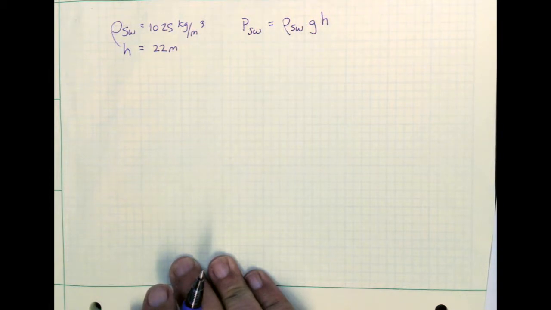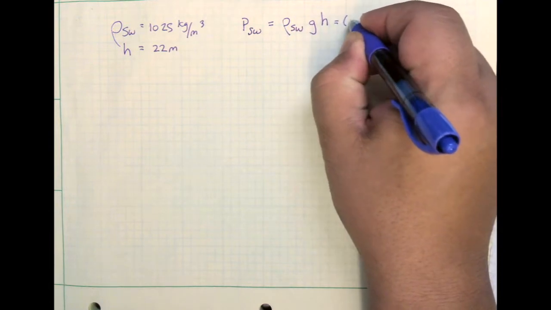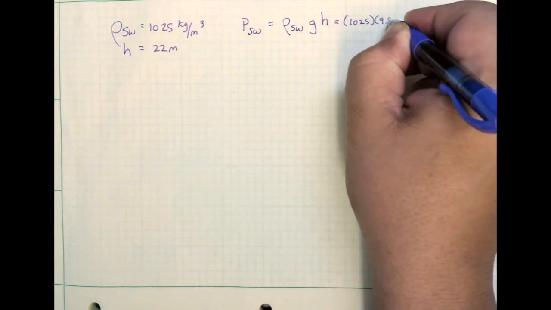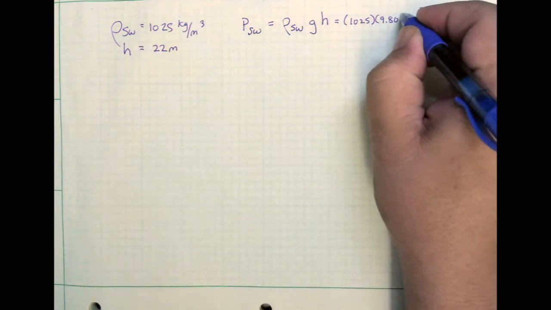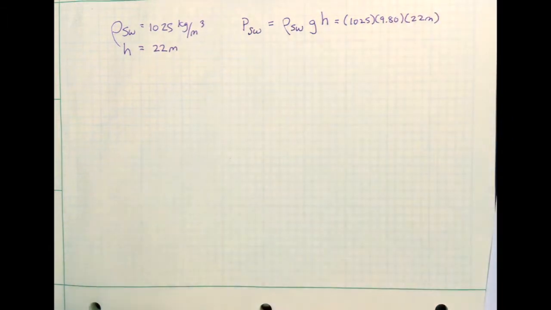Once we have found this equation, it is a straightforward task to plug in the numbers. The density of seawater times G, which we will take as 9.80, and then the depth, which is 22 meters.